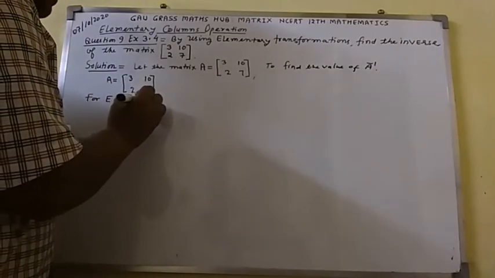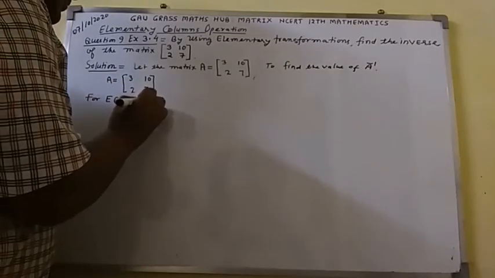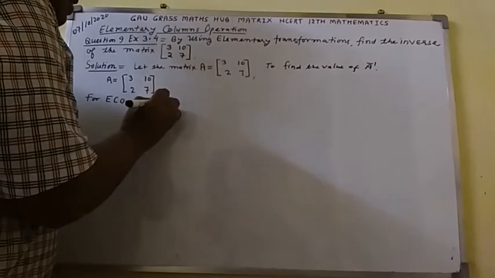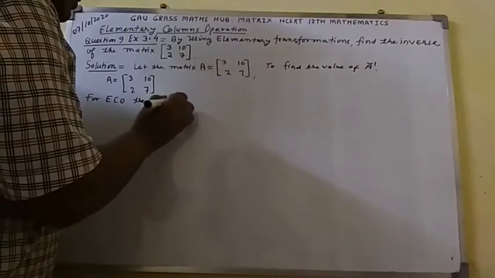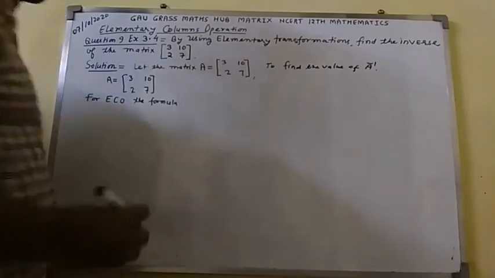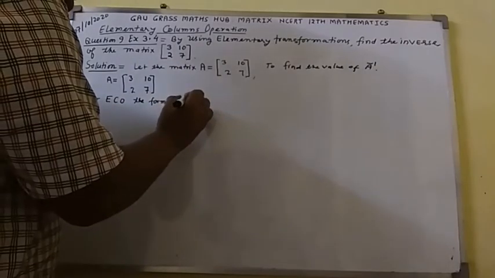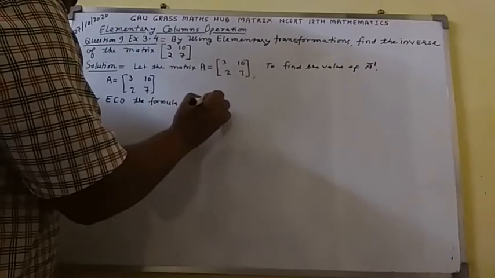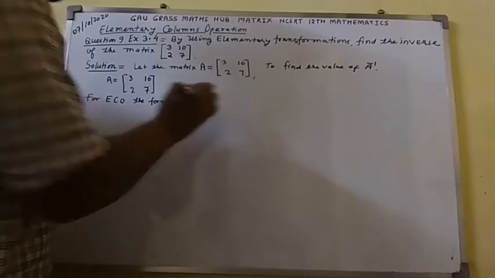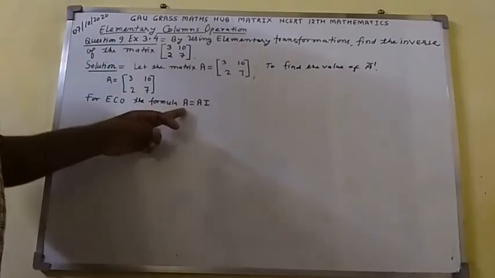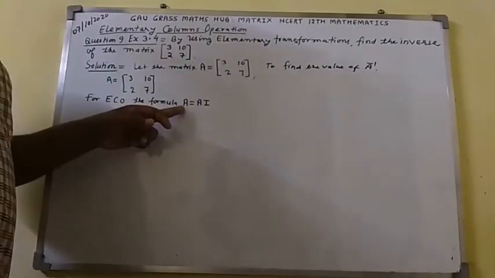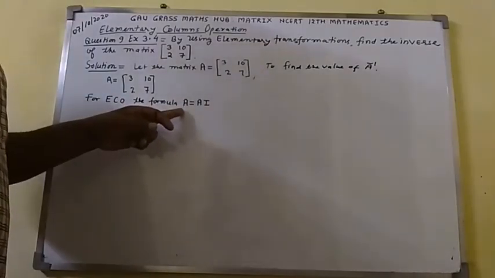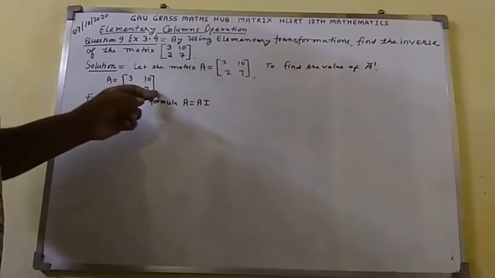Here I shall write the formula A equals AI, where capital A here is the given matrix of order 2 cross 2.